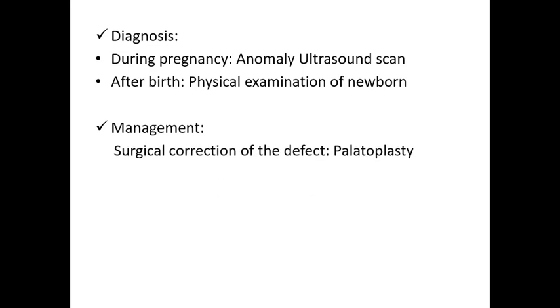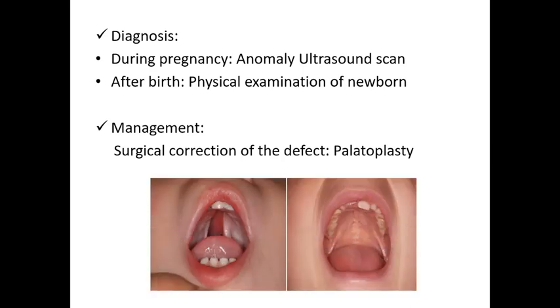The surgical correction of cleft palate is called palatoplasty. Look at this picture. Here you can see the defect. This is a patient with cleft soft and hard palate both. This is before surgery, and here you can see the surgical correction. You can see the suture line. So this is palatoplasty. After the surgical correction, this is how the palate looks.